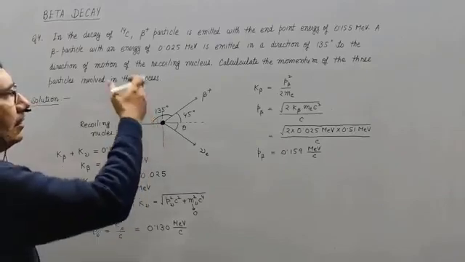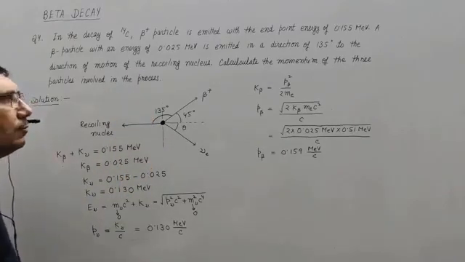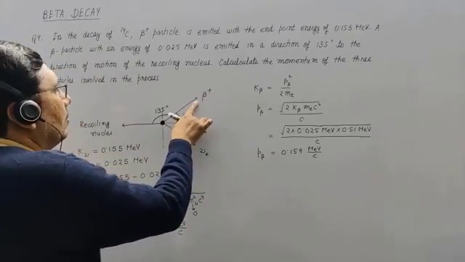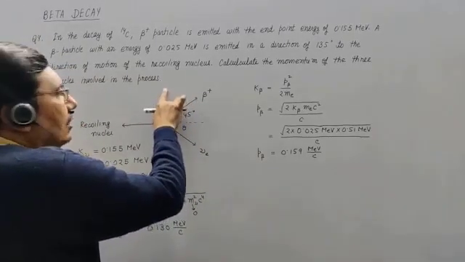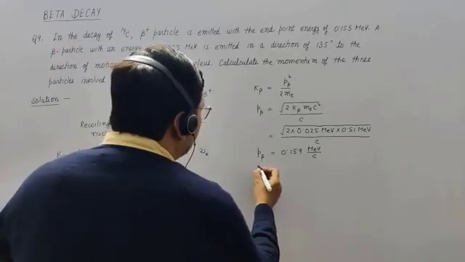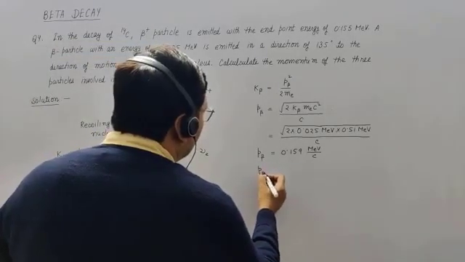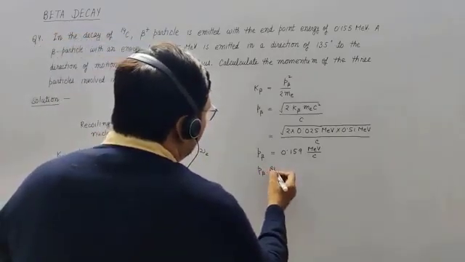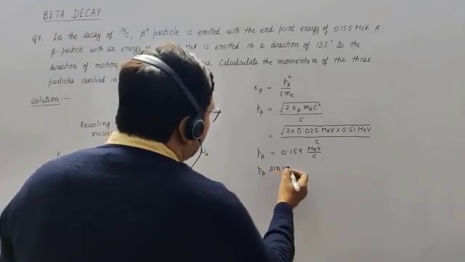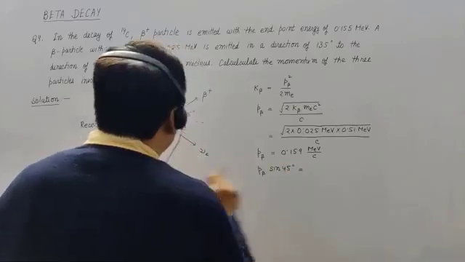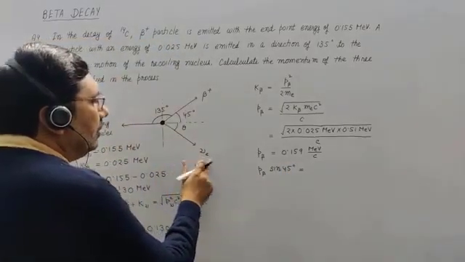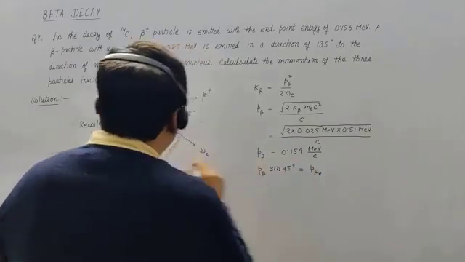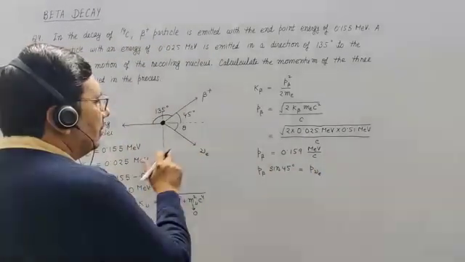First, applying conservation of linear momentum in the perpendicular direction, the component of the beta particle momentum along this direction is P beta sin 45 degrees, which equals P nu E sin theta.